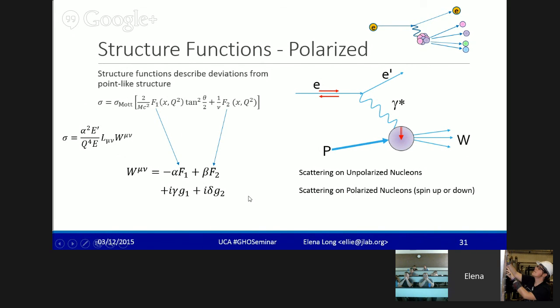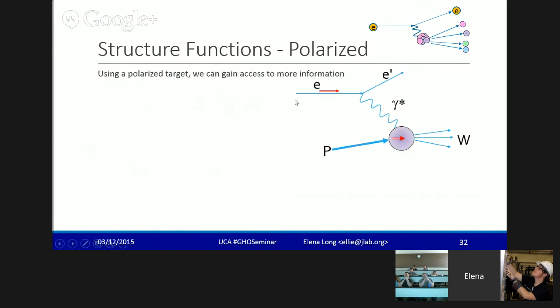So let's dig into these a little bit more. In this case, again, we need a polarized target in order to start looking at these pieces of information. And in our cross-section, if we have this plus plus sign, that says that our target spin direction is pointing in the same direction as the electron. They're longitudinal with each other. And if we spin the target around, we get this plus minus.